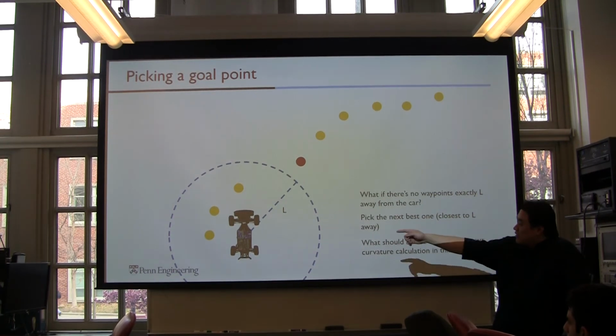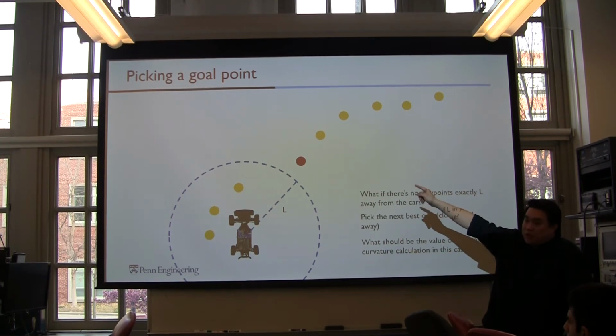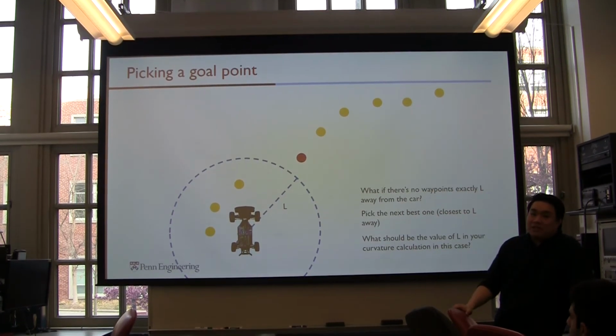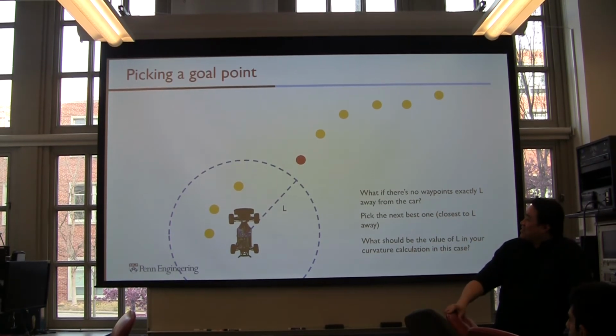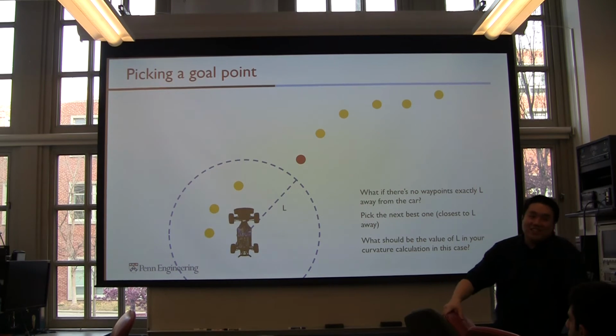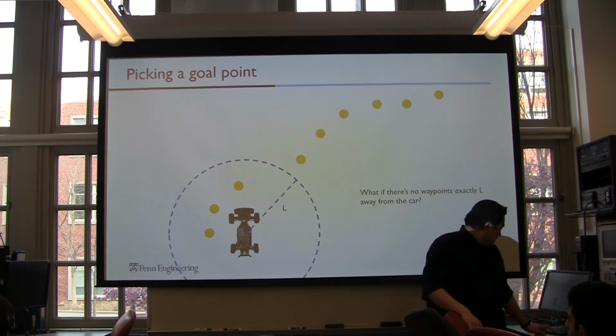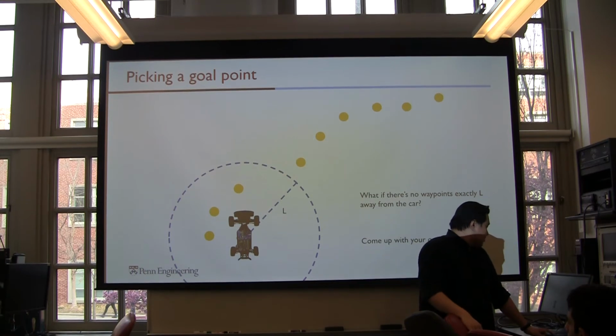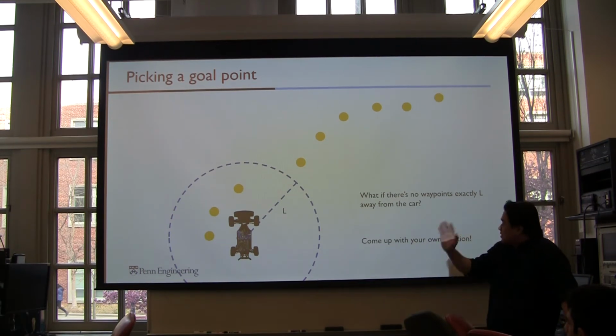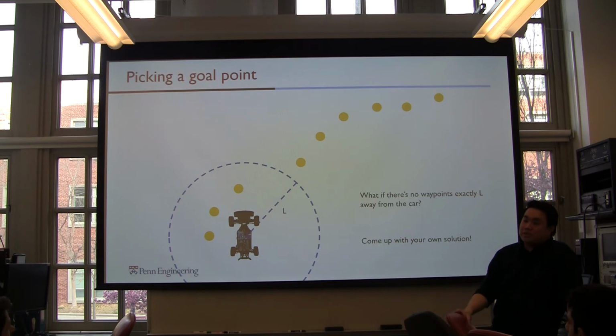It should be the actual distance from your car to the waypoint that you selected instead of L. Is that point clear? If we went the other direction, it might be less clear. Okay. Also, if you can think of some other solution, you could also use that. These are just two very easy examples.